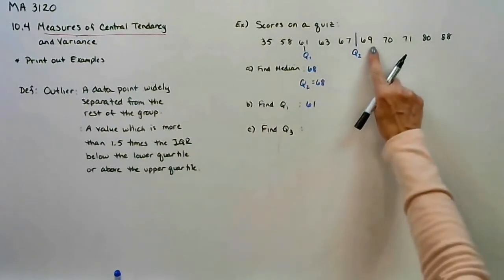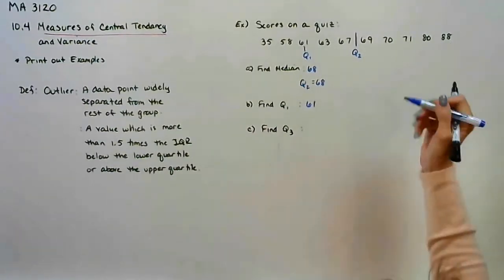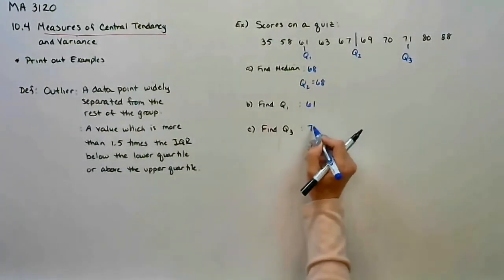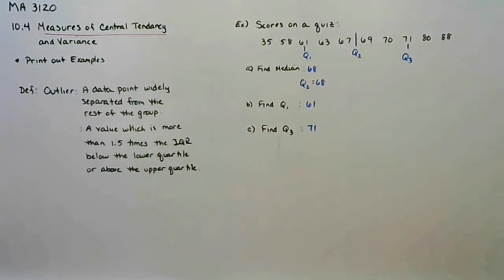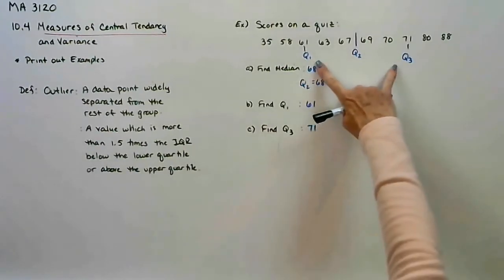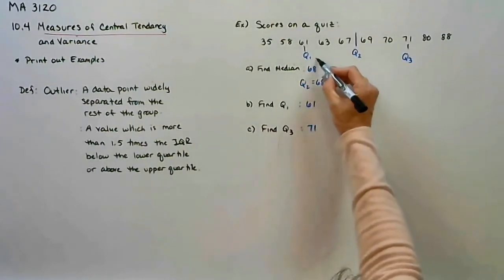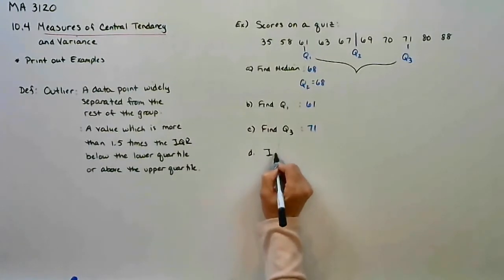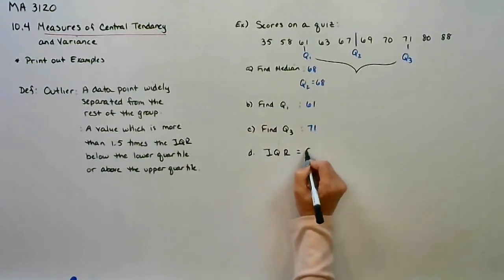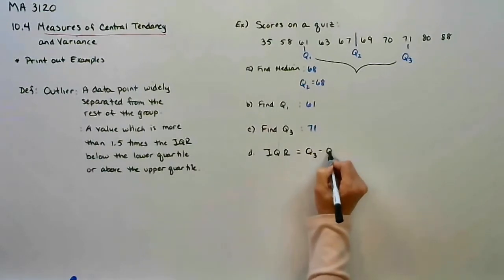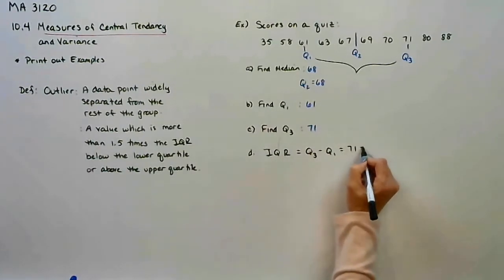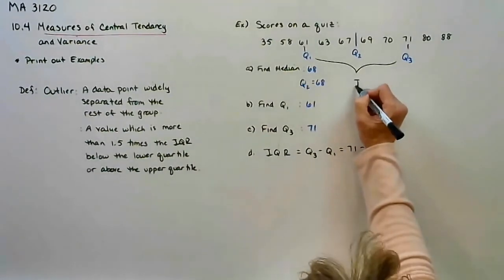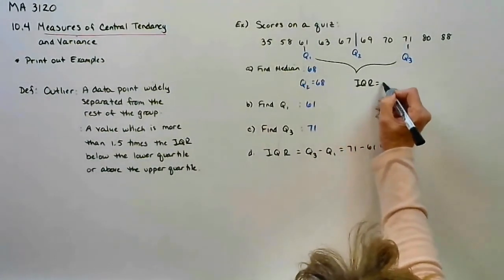Again, 1, 2, 3, 4, 5, the exact median would be 71. And we know the interquartile range is how far it is between quartile 1 and quartile 3: 71 minus 61, which is 10. So this interquartile range is 10.